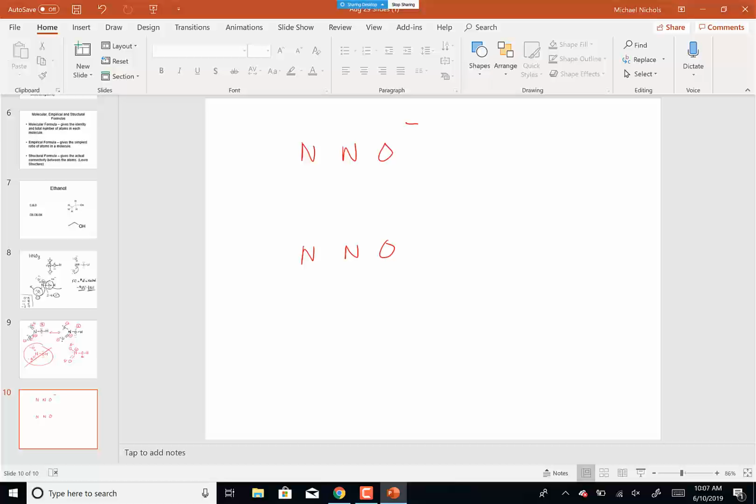Here's N bonded to N bonded to O. Although the better one would be, let me just change this up. I like NCO better. So NCO minus.